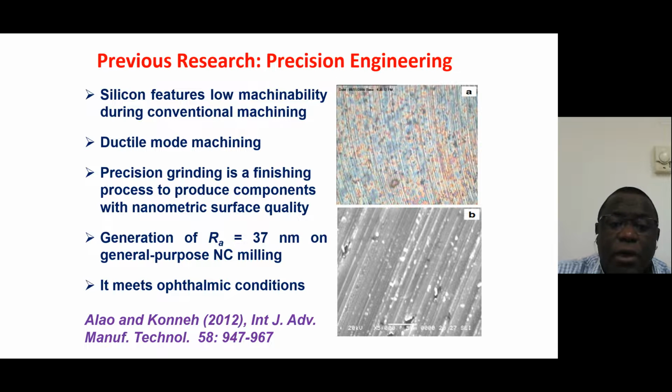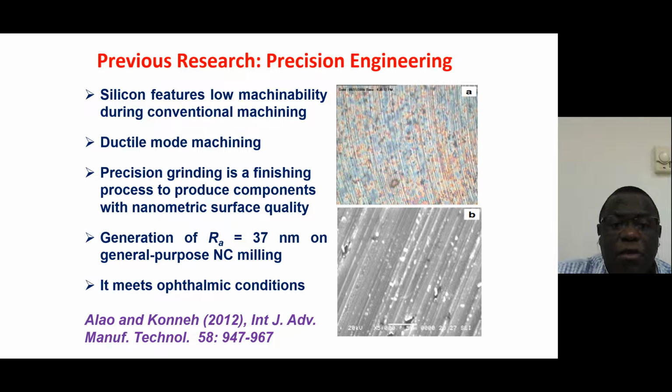Therefore, there is a term called precision grinding. It is a finishing process to produce components with nanometric surface quality. The surface quality is improved in order to reduce the polishing time, and this can also be carried out on conventional machine tools.